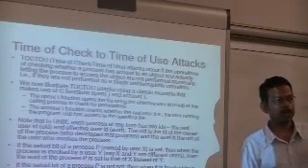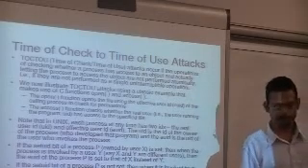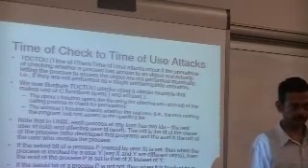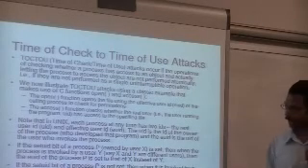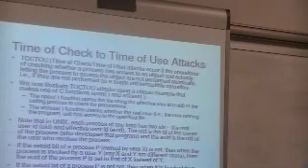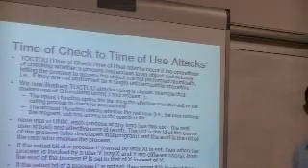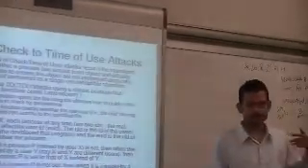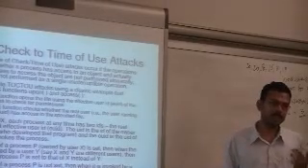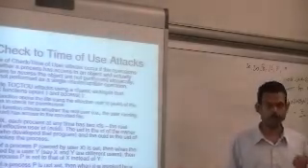Once the file is open, the user can update the file any number of times until he closes the file. So only when he closes the file and reopens it, he won't be able to write, because when you check for the permissions at that time, it would be removed for the user.